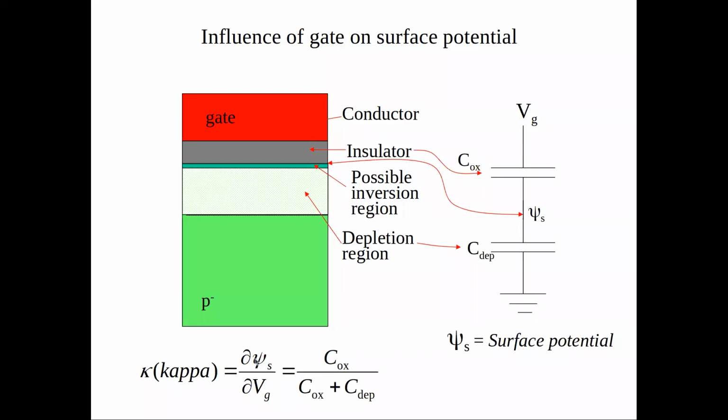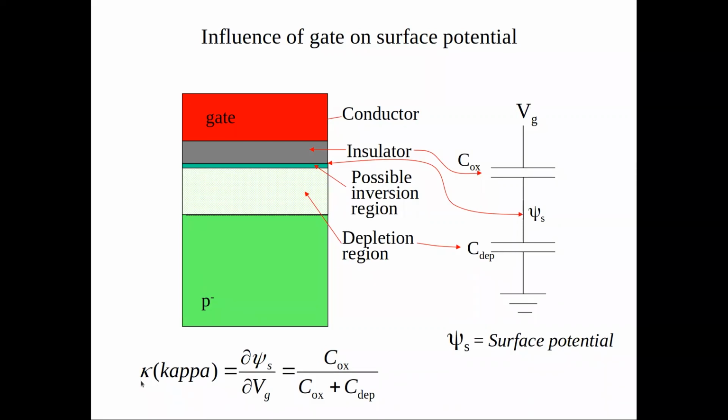Because of this capacitive divider, you can write it as this term here: Cox divided by Cox plus CDEP. If we have a constant depletion region, this is a constant value, and we can call it kappa.